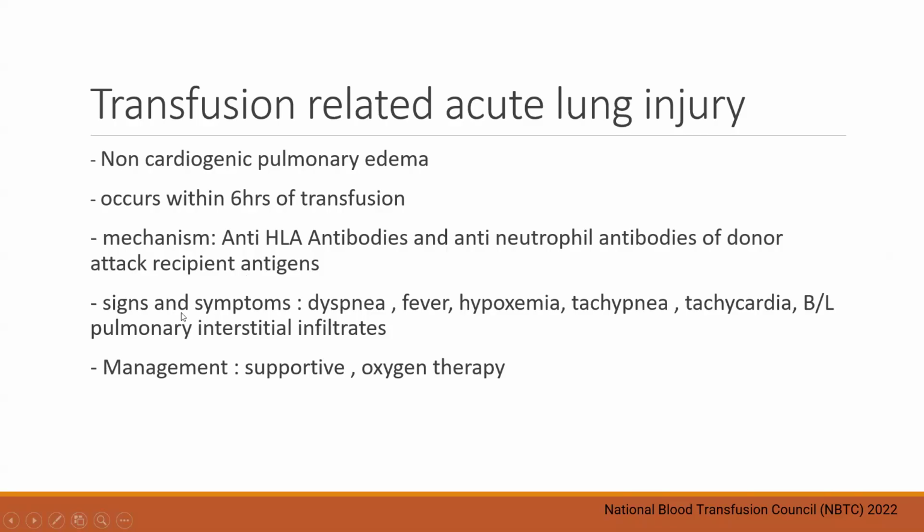The signs and symptoms are dyspnea, fever, hypoxemia, tachypnea, tachycardia, and bilateral pulmonary infiltrates in X-ray. But in TACO there will be cardiomegaly. In transfusion related acute lung injury there will be no cardiomegaly because it is a non-cardiogenic cause. Management is mainly supportive and oxygen therapy.